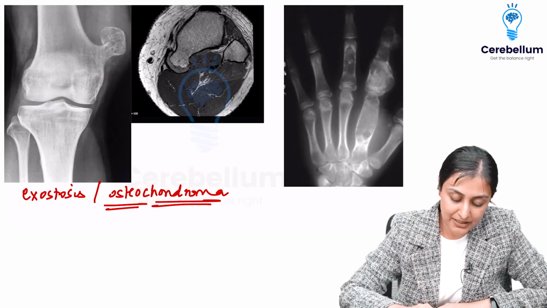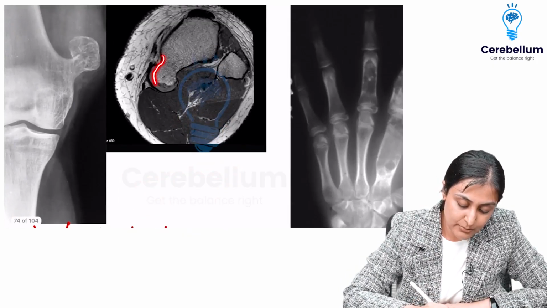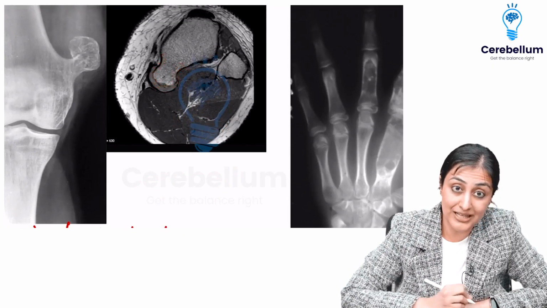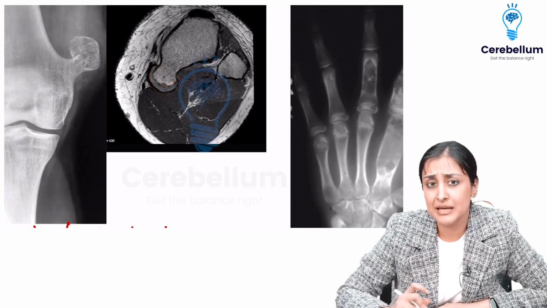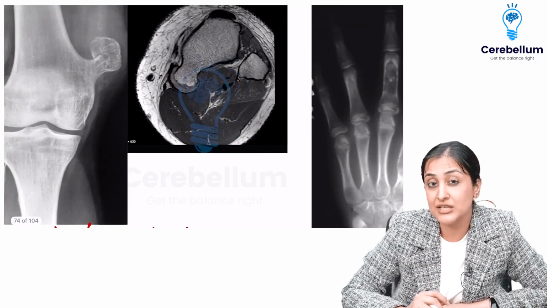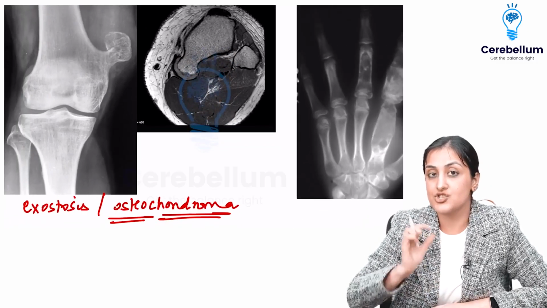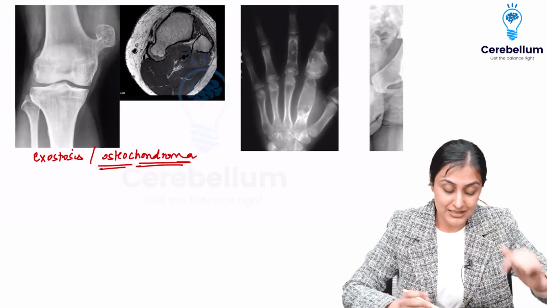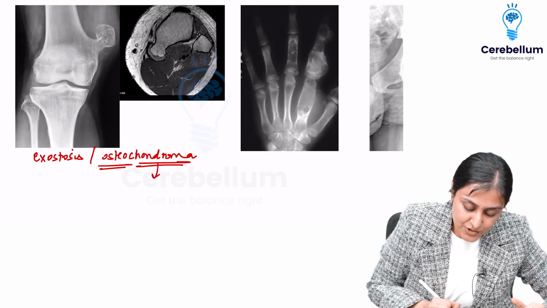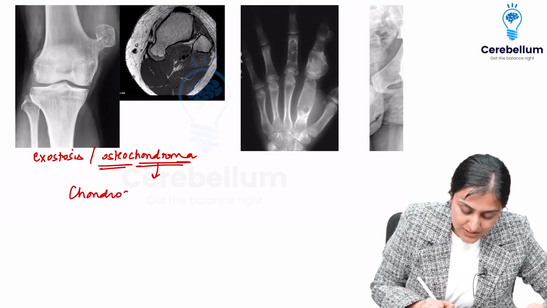So look at the MRI here. Can you see how, like a mushroom, there is a bone tumor growing out, and then we can see the cartilage cap. But you'll be like, ma'am, I could already make the diagnosis on the X-ray. Why did we have to see the cartilage cap? The cartilage cap is very, very important because these tumors have a risk of developing chondrosarcoma.